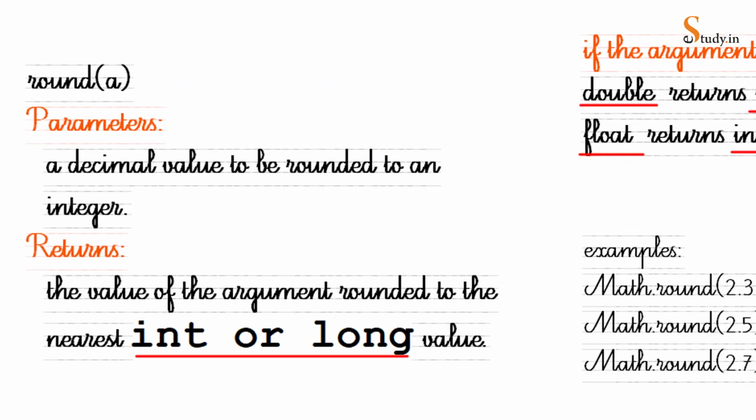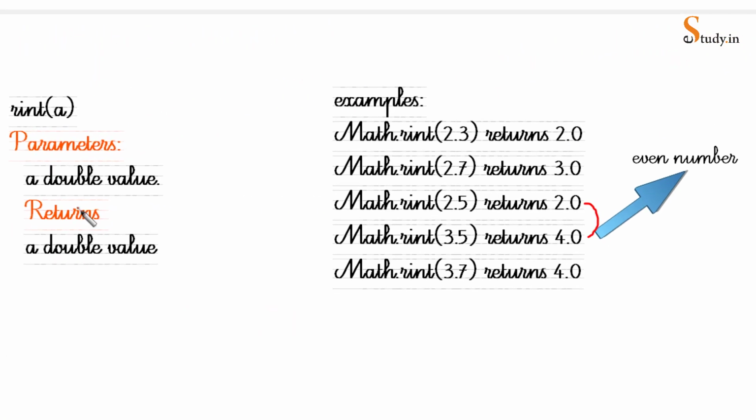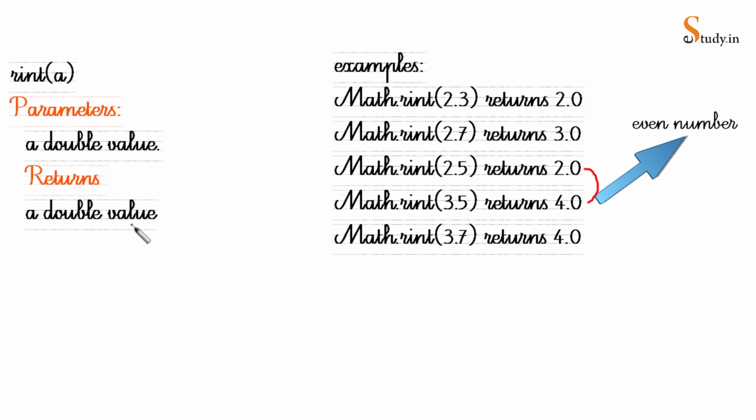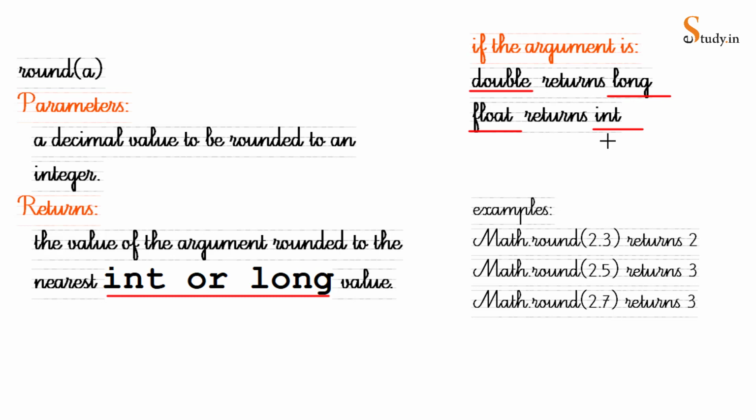Now the next function which we are going to talk about after round is the rint function. Again, it takes a double value, and it is slightly different from the round function, and returns a double value. The rint function will always return a double value, whereas the round function, as you saw, returns a long or an int value.